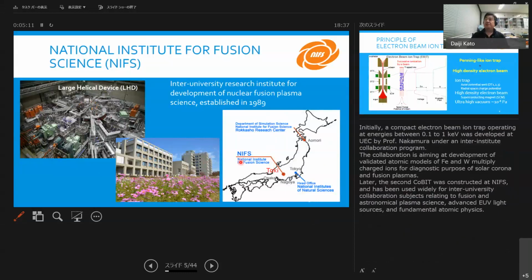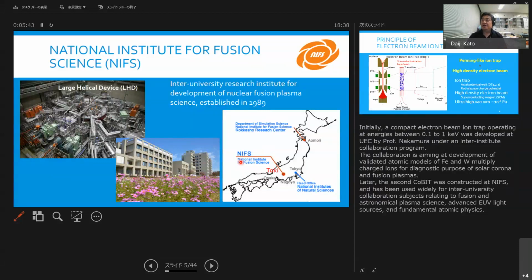Initially, a compact electron beam ion trap (COBIT) operating at energies between 100 eV to 1 kiloelectron volt was developed at the University of Electro-Communications by Professor Nakamura and the Inter-Institute Collaboration Program. The program aims at development of validated atomic models of iron and tungsten multiply charged ions for diagnostics of solar corona and fusion plasmas.